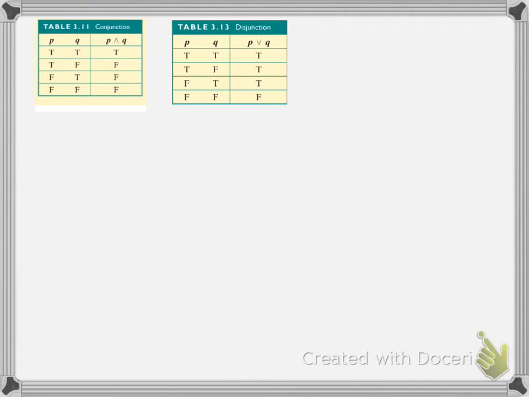So now let's look at some examples. The first thing we're going to do in any of these problems is start our truth table off very simply. I'm going to show you how to do that.